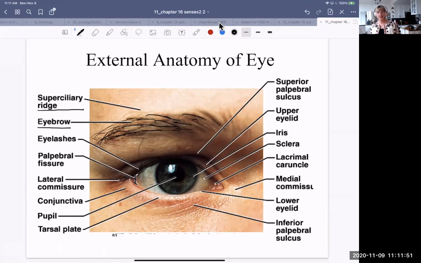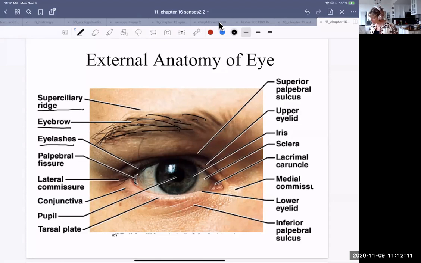Sure, protection, yep. Filtering things from getting into your eye. Yeah, so from your hair and from your skin, there's dropping of cells plus debris that might be falling from above. Exactly. And then there's your eyelashes.